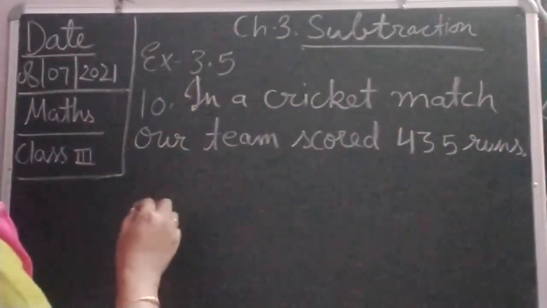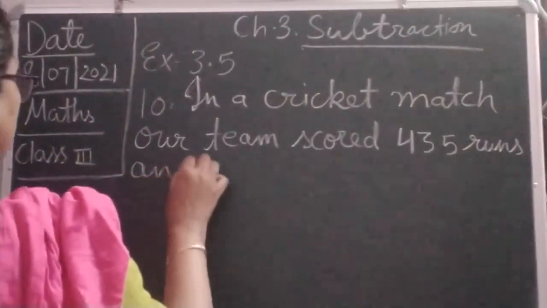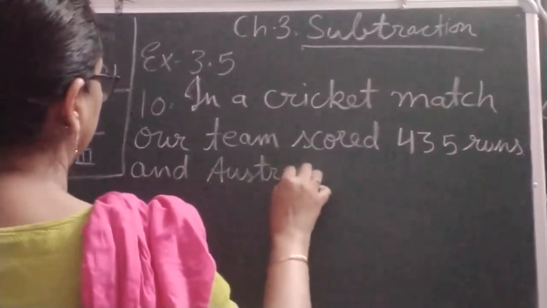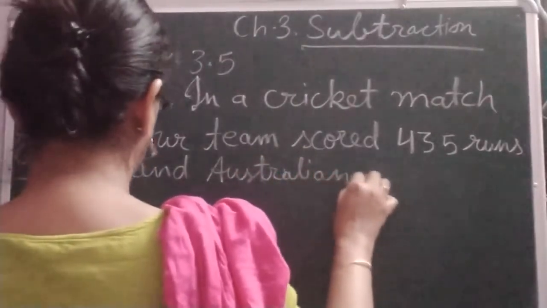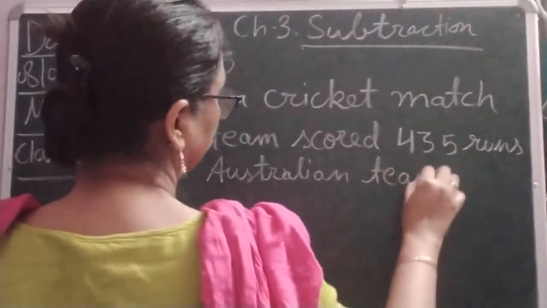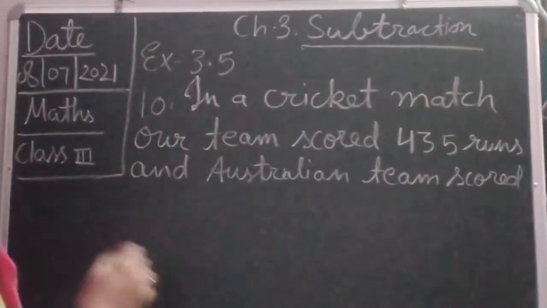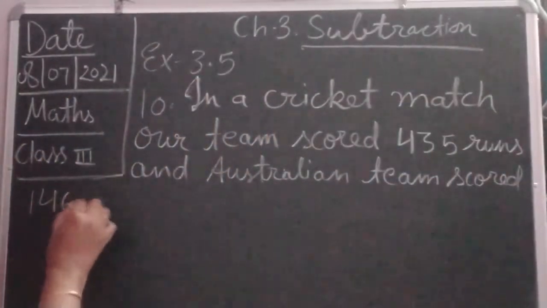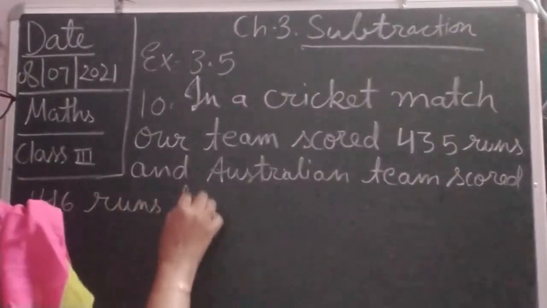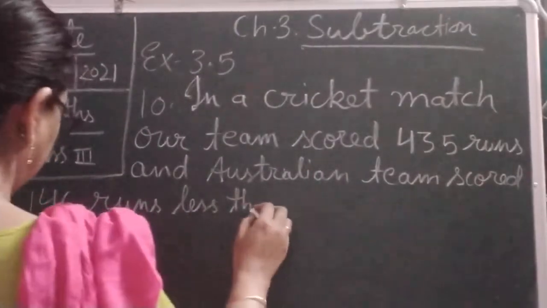Okay, an Australian team scored 146 runs less than our team.